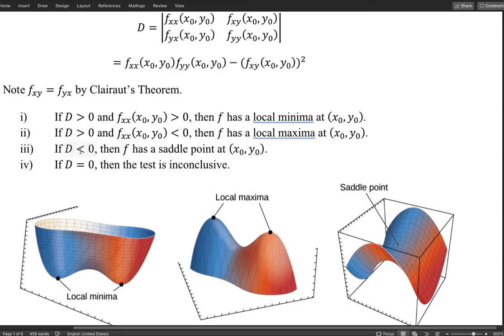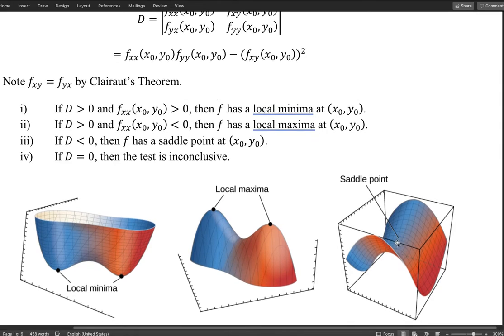When D is negative, it is actually the third case, when you're having a saddle point, which means the critical point is not a maximum or minimum. And also D could be 0. At this moment, I just want to say if D is 0, we cannot make any conclusion. The test is inconclusive.